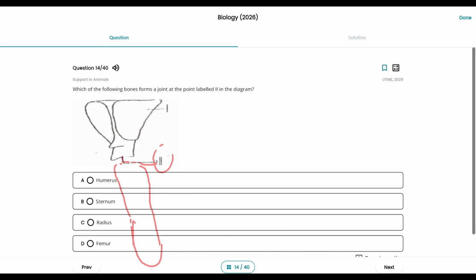Now this triangular thing here is the scapula. Can you see? We human beings have two scapulas.